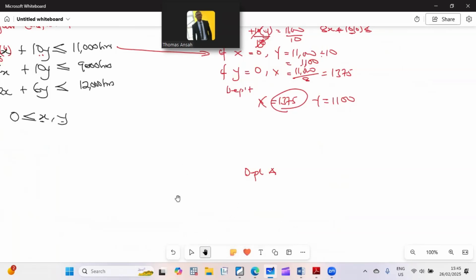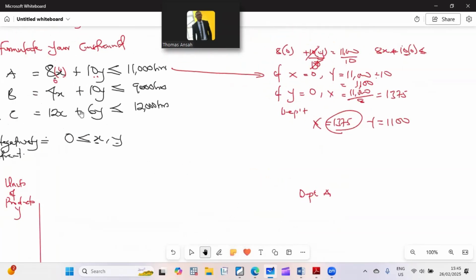Okay, so similarly, in department B, if X is equal to 0, it will be 9,000 over 10. That says that Y will be 900. If Y is equal to 0, it will be 9,000 over 4.